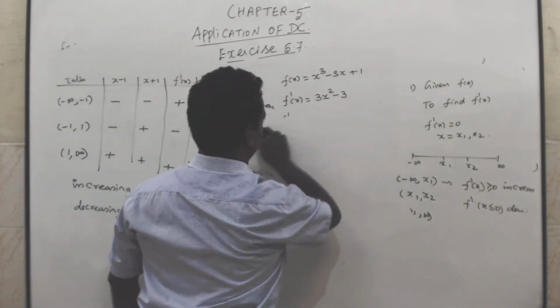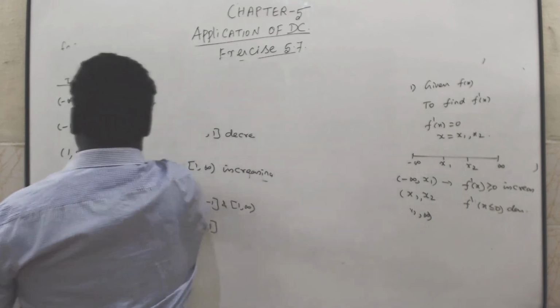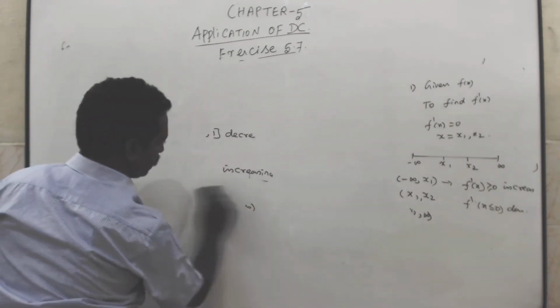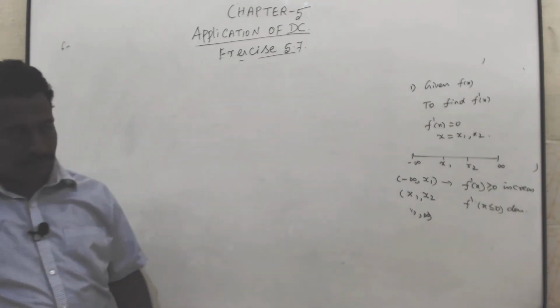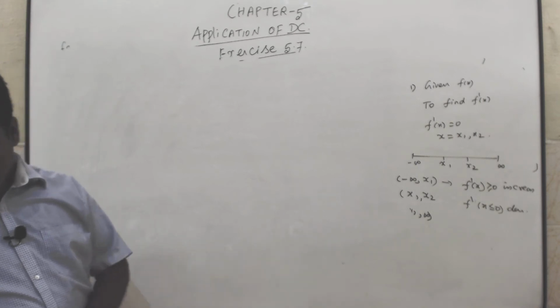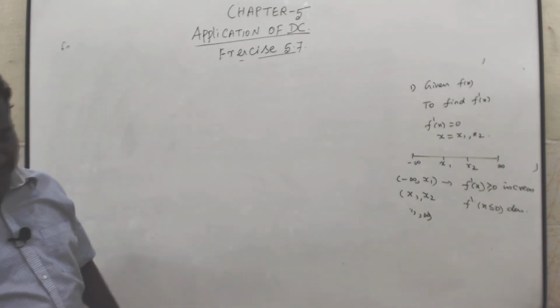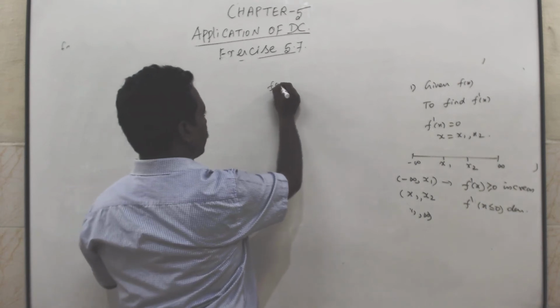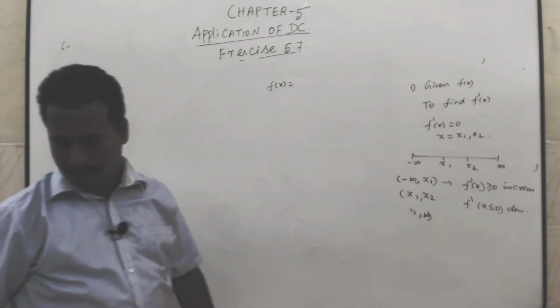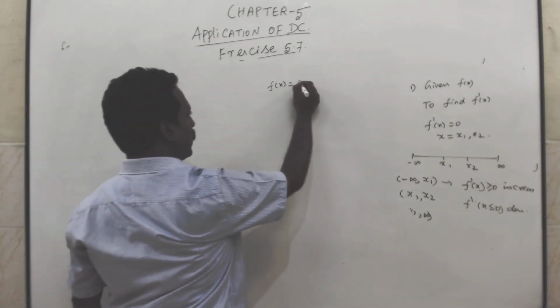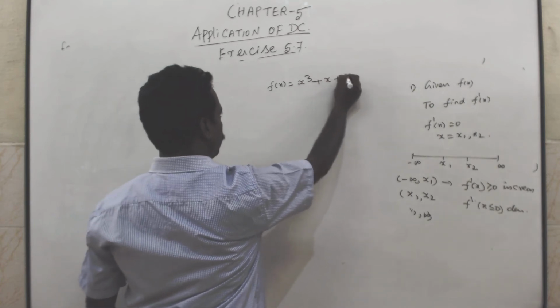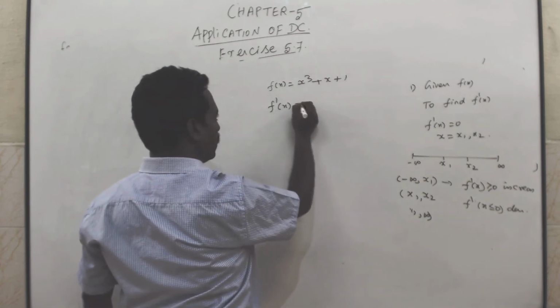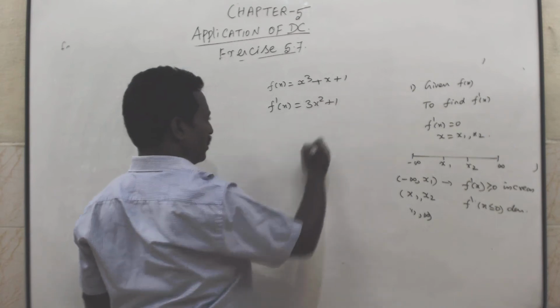The next problem. Problem number 3. f of x is equal to x cube plus x plus 1. f dash of x is 3x square plus 1.